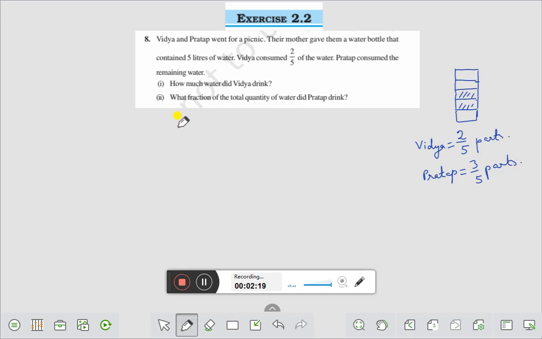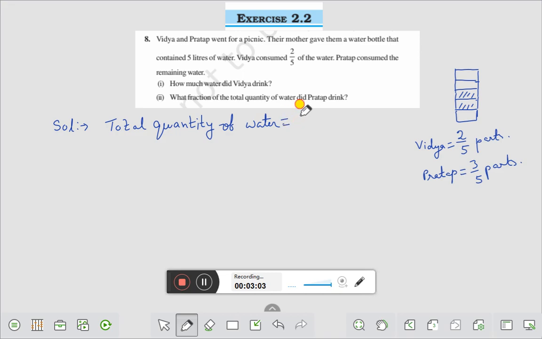The question is, Vidya consumed 2 by 5 of the water. Now the total quantity of water is equal to 5 liters.